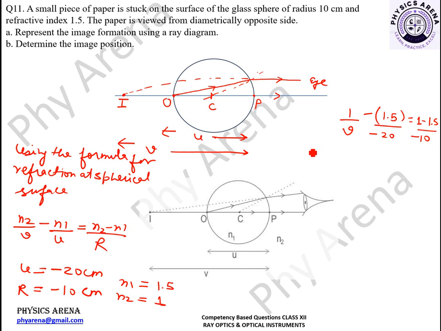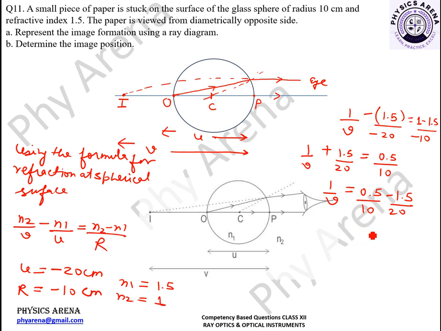So now further I can write it as 1 upon v plus 1.5 upon 20 is equal to 0.5 upon 10. I need to find the value of v. So I can take this towards that side, and it will be 1 upon v is equal to 0.5 upon 10 minus 1.5 upon 20.